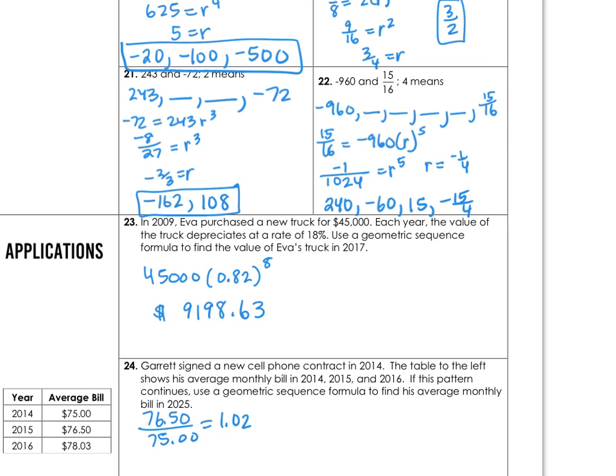First term is 75, and 1.02 is what it's going up by. How many years is that? 2014, and we want 2025. So 25 minus 14, that's 11. Oops, 11. So it's the 11th. Okay, so that should give us 93.25. Alrighty, we are done.